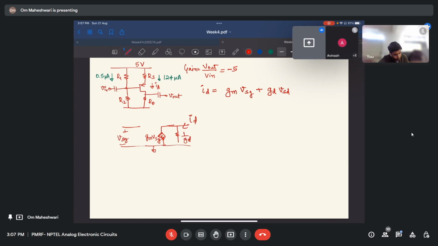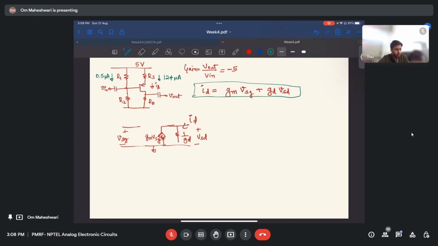From this we get ID equals GM VSG plus GD VSD. This is VSD. So from here, this equation comes to use, and we will use this extensively to solve all of the questions related to gain. Okay, so let's move ahead.